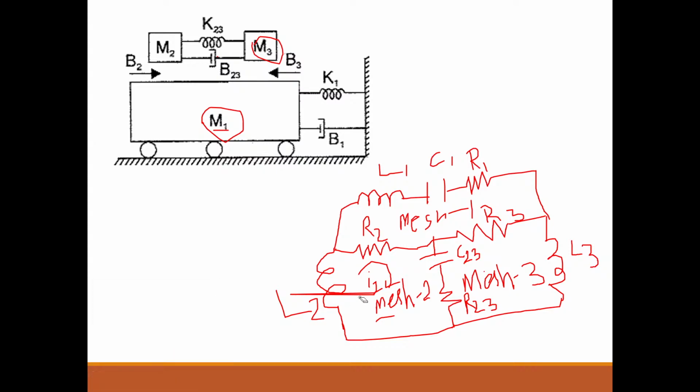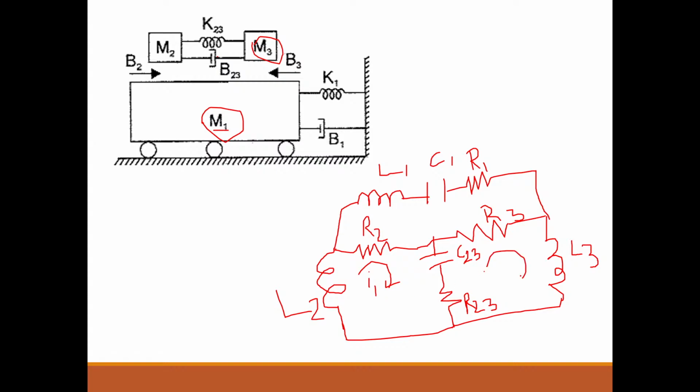So I will erase mesh 1, mesh 2, mesh 3, whatever I have written, and I will write loop currents. This is I1.